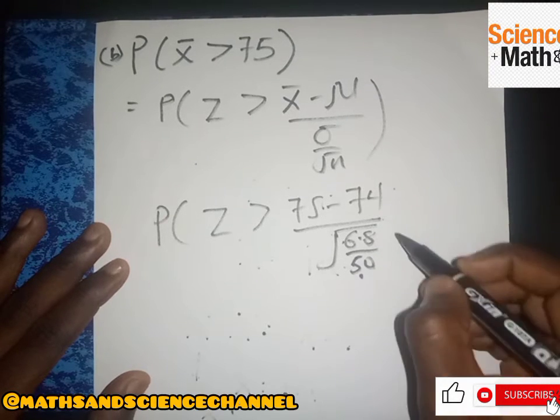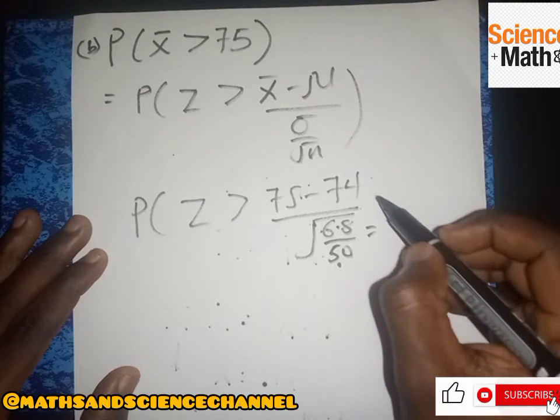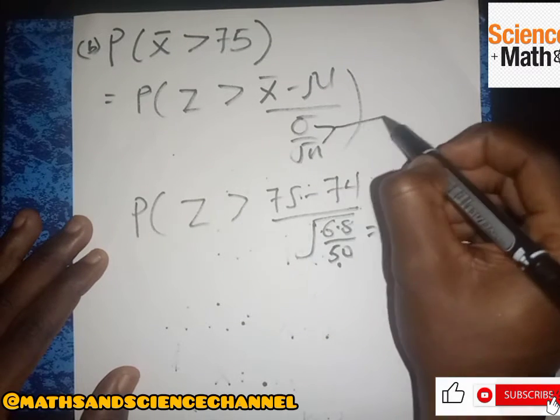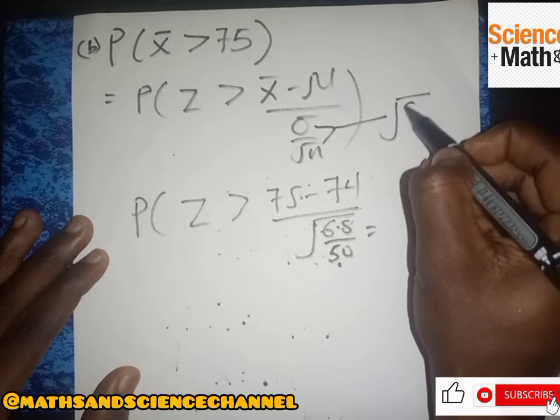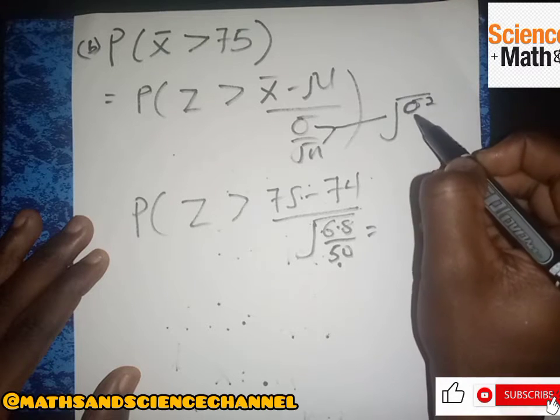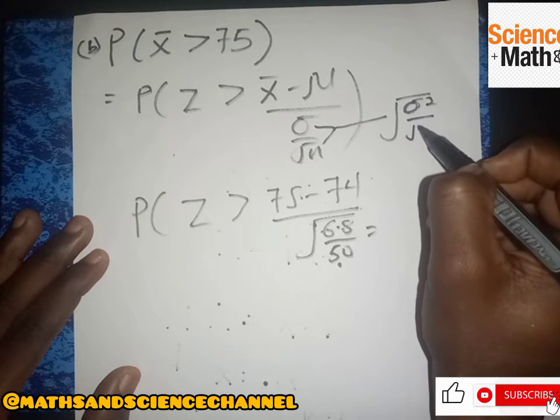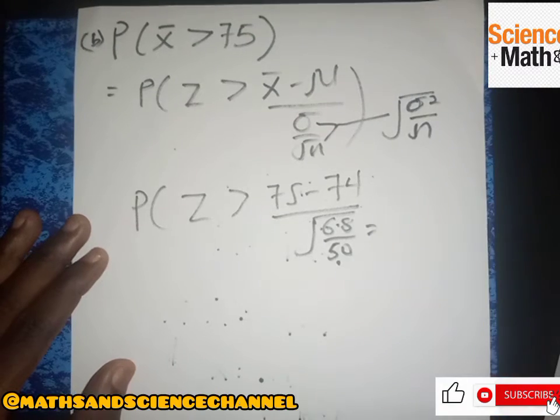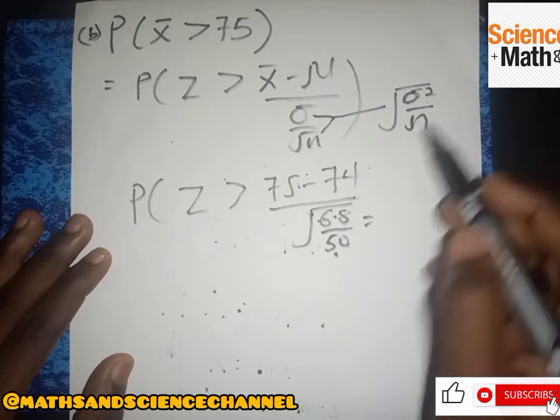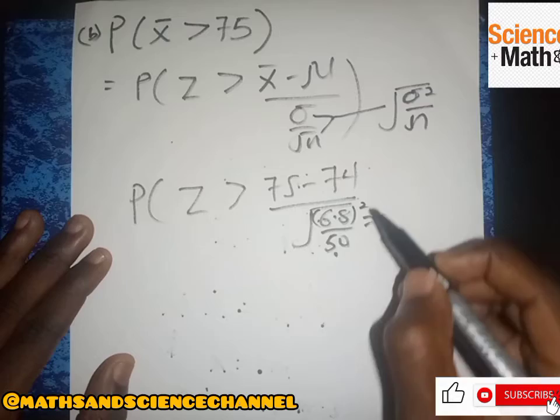50 here. It's the same thing, because we could write this whole thing as the square root of the standard deviation squared over n. So we can put everything in the square root, just that we will have to square this one.